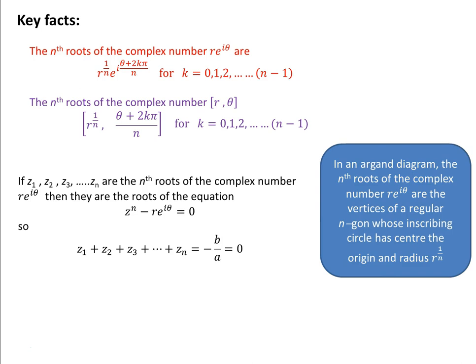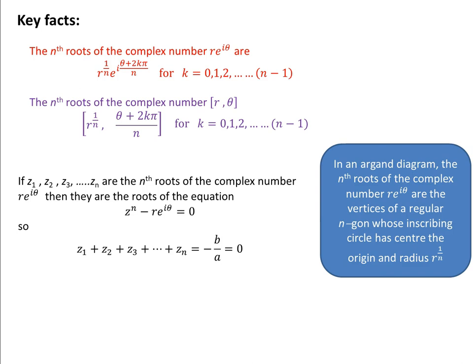If z1, z2, z3 up to zn are the nth roots of the complex number r e to the i theta, then they are certainly the roots of the equation z to the n minus r e to the i theta equals 0. So z1 plus z2 plus z3 all the way along to zn, the sum of the roots, must equal minus b over a, where b is the coefficient of z to the n minus 1 and a is the coefficient of z to the n.